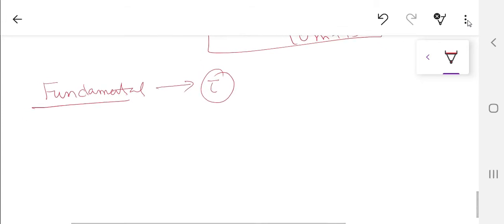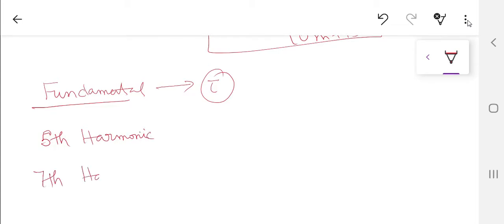But now, since there are space harmonics composed of the fifth and the seventh, and I have ignored the third harmonic because of the kv factor at present, let us talk about the fifth harmonic and also the seventh harmonic.